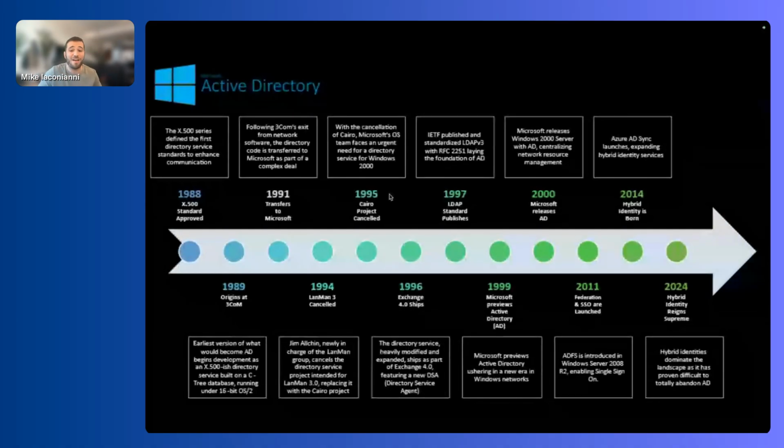And one of the issues with it, one of the reasons why it's the way it is, is because Microsoft tried to keep as much of it backwards compatible as possible. So when you have Windows 2000, you're supposed to be able to still talk to Windows of today, which is really interesting.